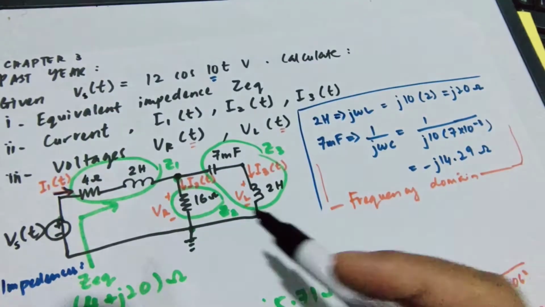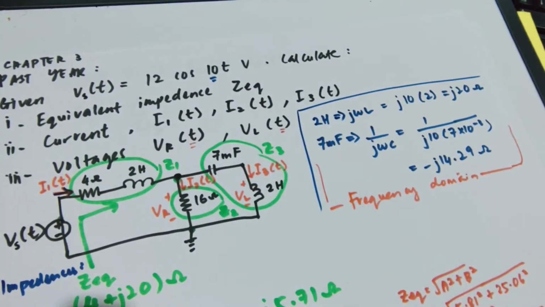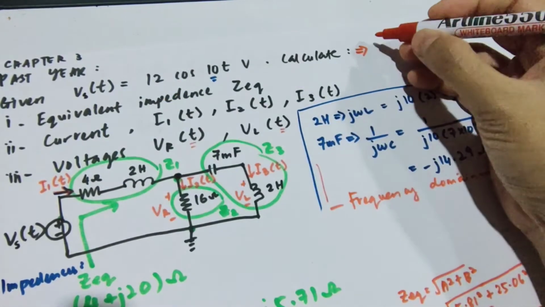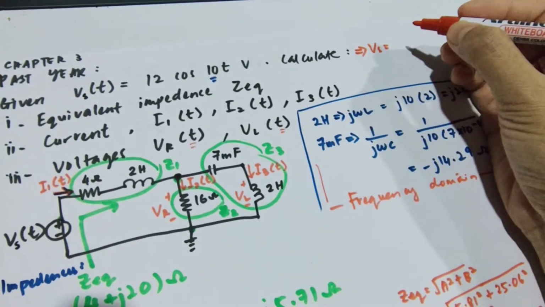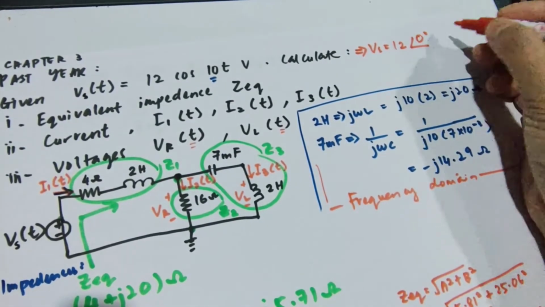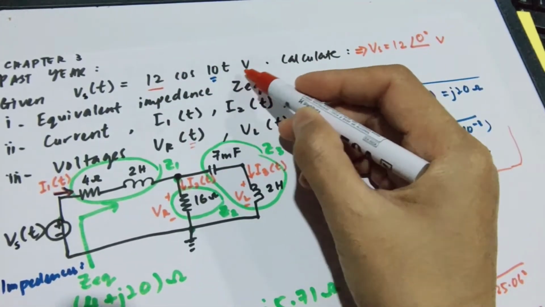Vs(t) is given as 12 sin 10t. So we can get from the question that Vs equals 12 with an angle of 0 volts, since there is no angle here.